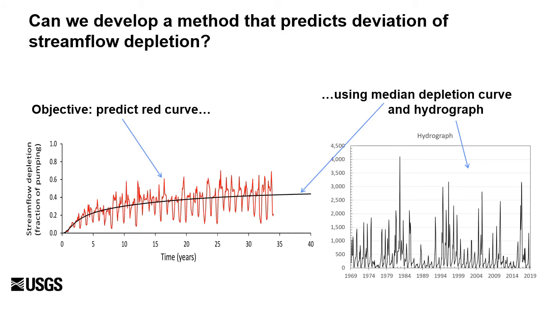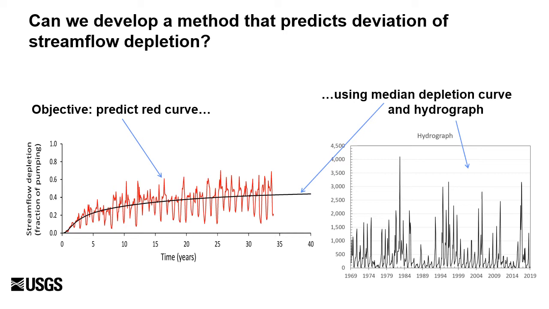So when we generate these streamflow depletion curves from the models, they're generally the smooth curve shown here on the left side in black. And we also know from earlier that it's best to use the median streamflow to determine that streamflow depletion curve. But we want to be able to somehow represent that deviation of the depletion from the median depletion curve in a more realistic manner, so that we can account for the timing differences of depletion based on the variation of stream flow.